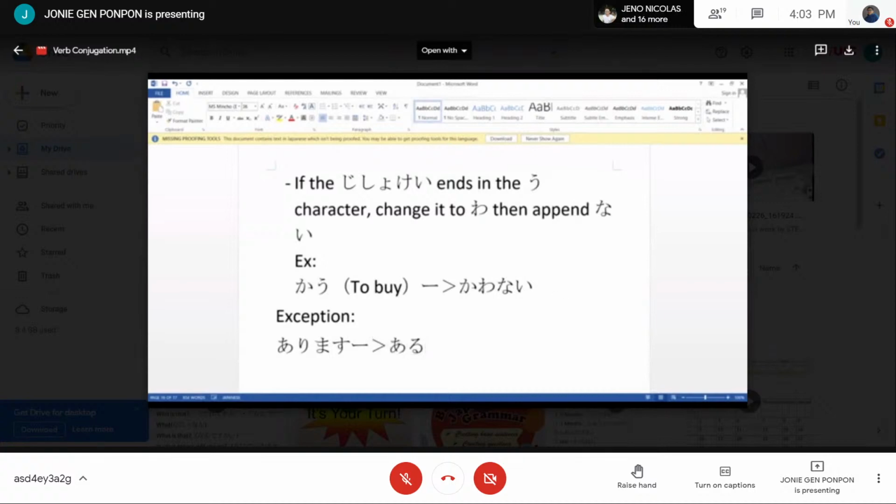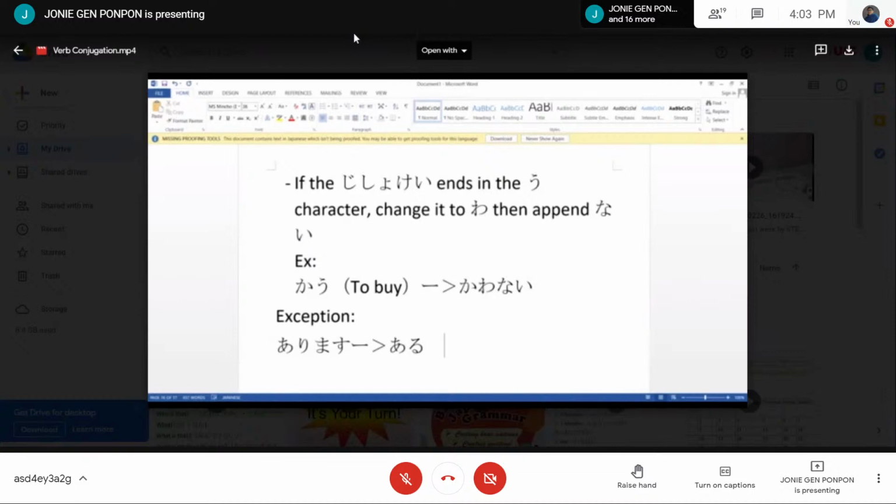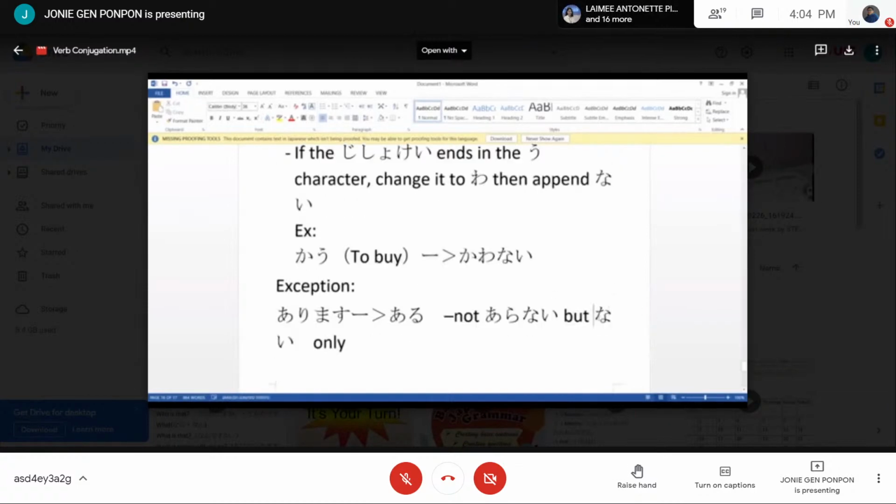But, if you convert this to its nai form, it will not become aranai, but nai only. So that's the exception for group 1 verbs under nai form.